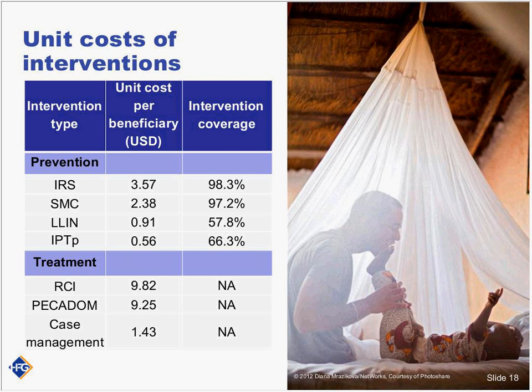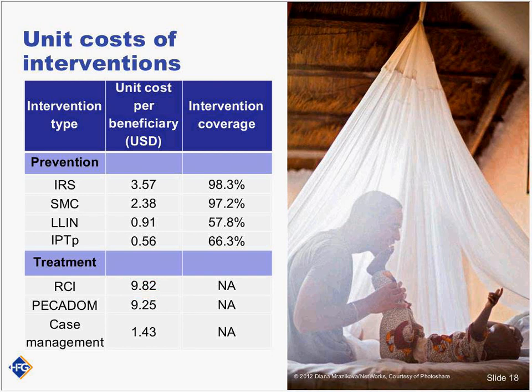Among the prevention interventions, IRS has the highest, $357 per beneficiary, while in the treatment group, RCI has the highest cost, almost $10 per case investigator in those places where malaria incidence is low.